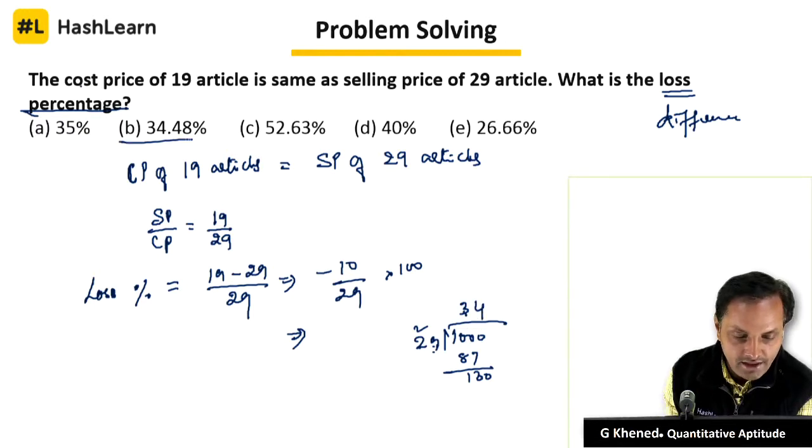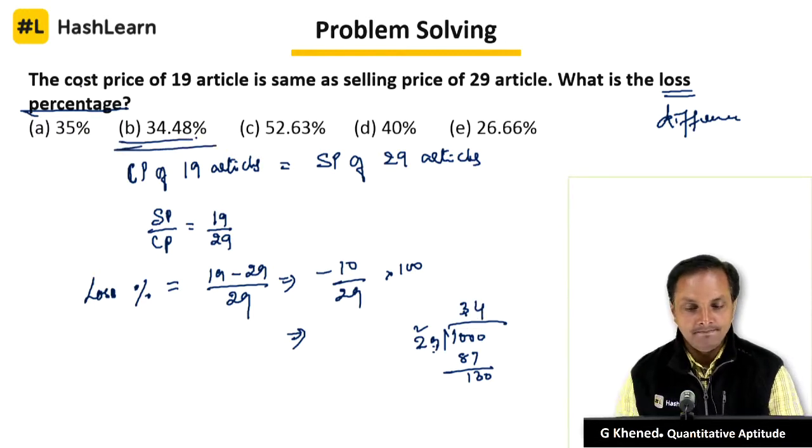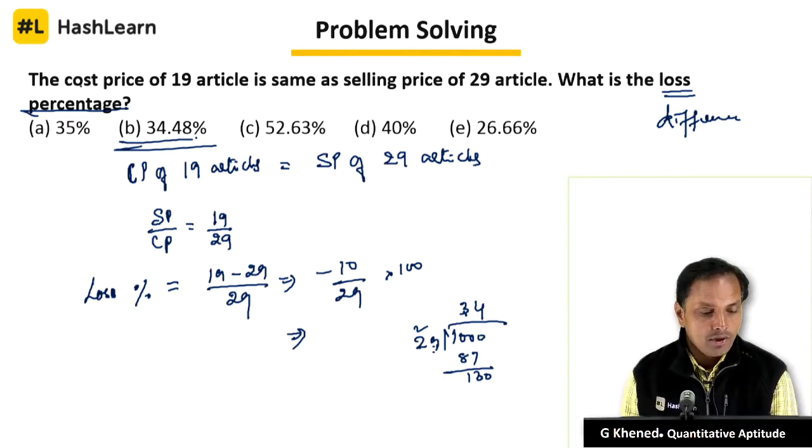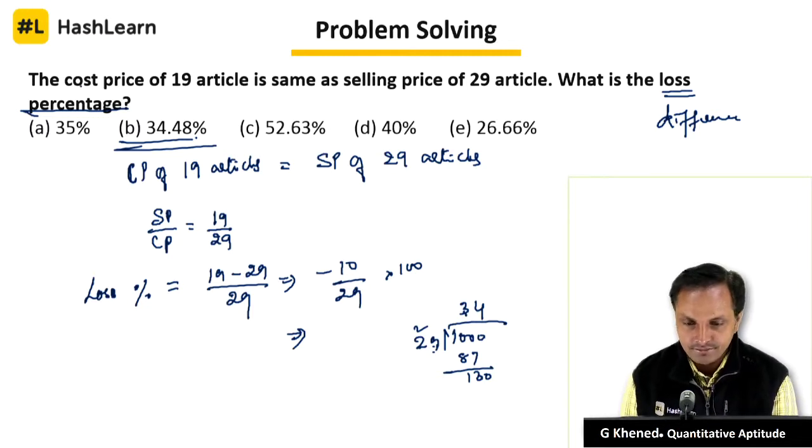So approximately we are getting 34%, and you have only one option with 34%, which is option B. That is the answer.